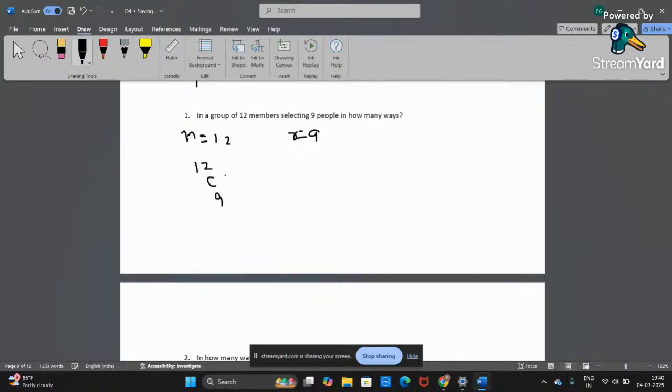12C9. Substitute this here. When we're substituting, it will be 12 factorial by (12 minus 9) factorial into r factorial. Your r is 9, so again it is 9 factorial, right? So what do you have to do here?